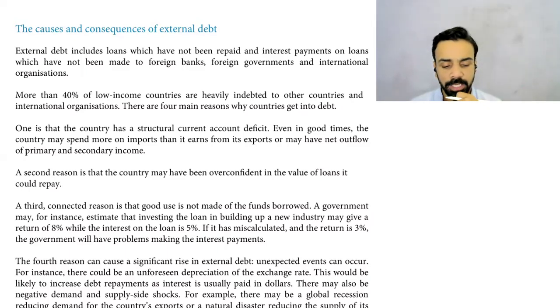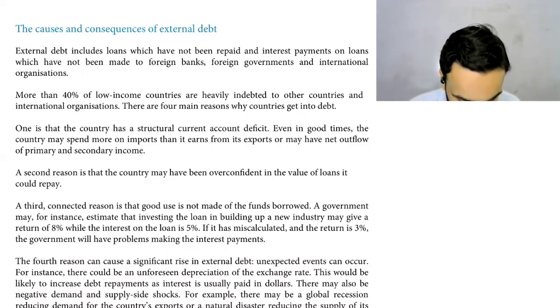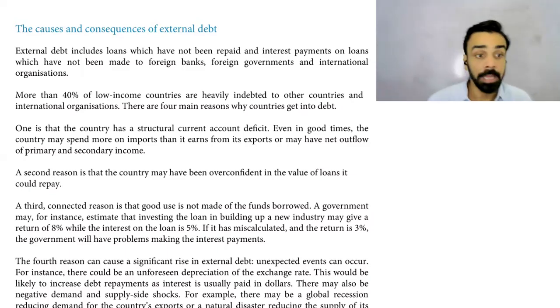So जब कोई कंट्री ने इंटरेस्ट नहीं पे ऑफ किया होता है या उसके ऊपर accumulated debt होता है, तो we say these countries could be heavily indebted. Okay, अब हम यहाँ पे बात करते हैं कि जी what do we mean by this, right? And what are the reasons for a country to be going into debt?